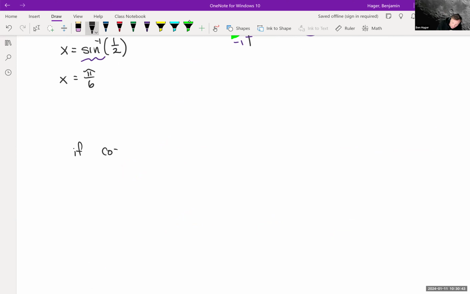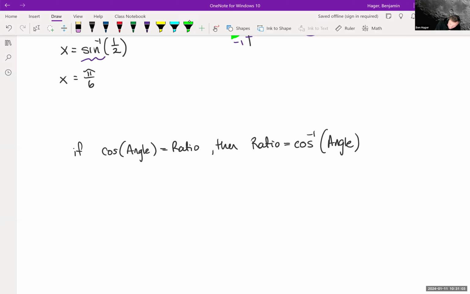If cosine of some angle gives you some ratio, then that ratio can be found by taking cosine inverse of that particular angle. Oh, totally messed that up.